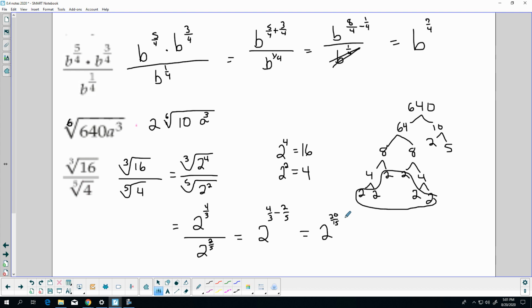Multiply the second fraction by 3 over 3. That's where the 6 comes from. Now you can just subtract, and you're going to get 2 to the 14 over 15. And that is your final answer. All right, good luck with the homework.